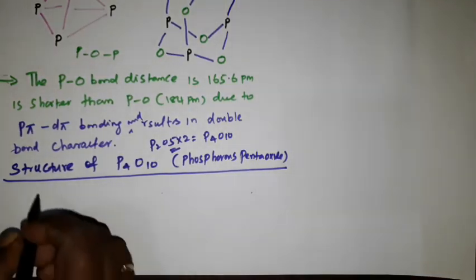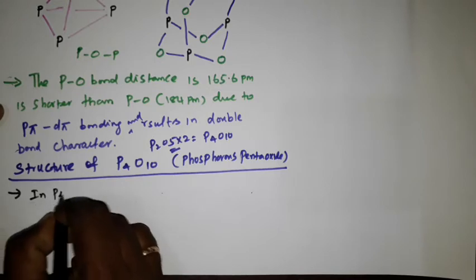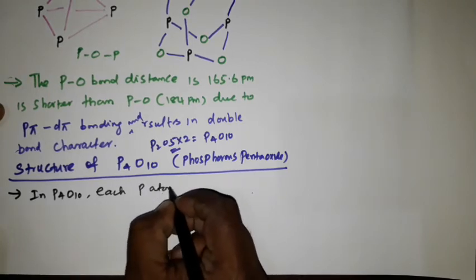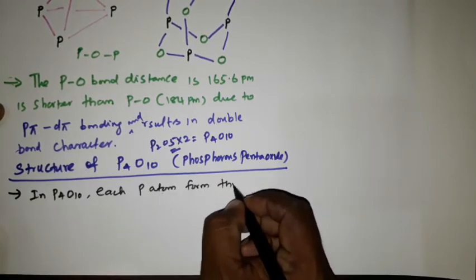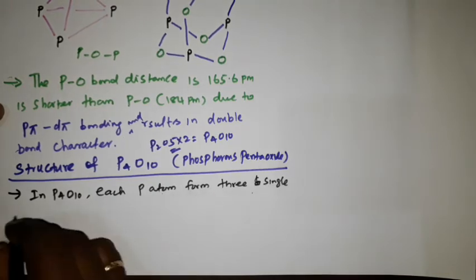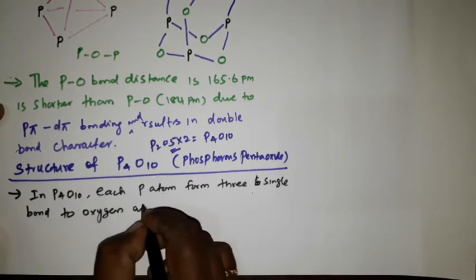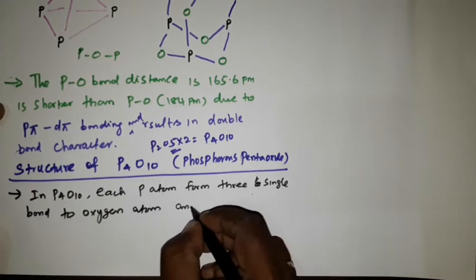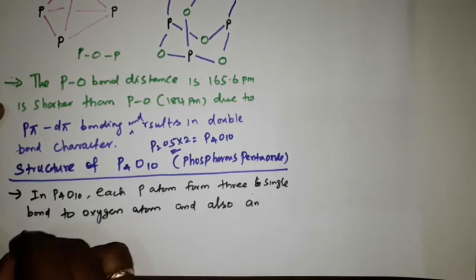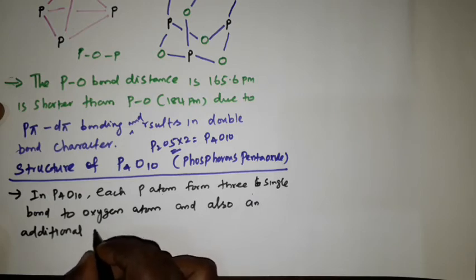So regarding the structure of phosphorus pentoxide, in P4O10 each phosphorus atom forms 3 single bonds to oxygen atoms, and also an additional coordinate bond with an oxygen atom.